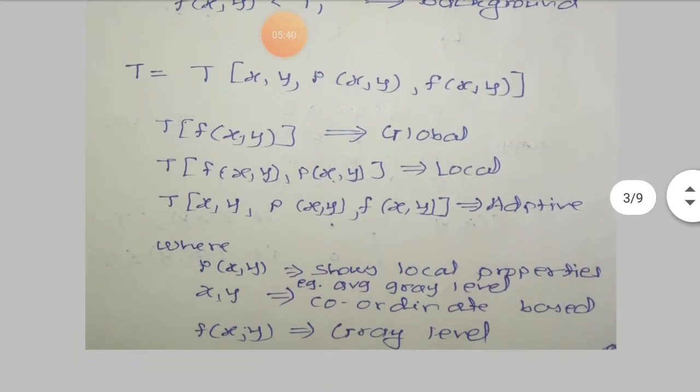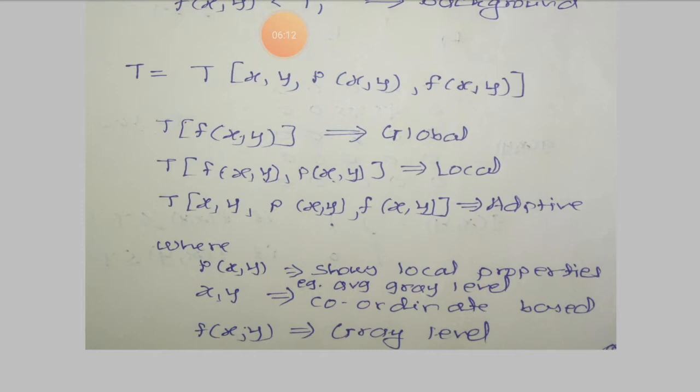Here p of x y shows local properties, like, suppose we consider the average gray level of the neighboring pixels, and depending on that value, if we set the threshold value, then it is called a local property. x and y are the spatial coordinates and f of x y is a gray level value.